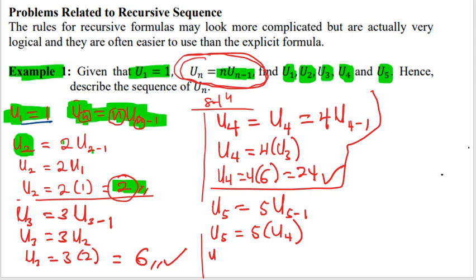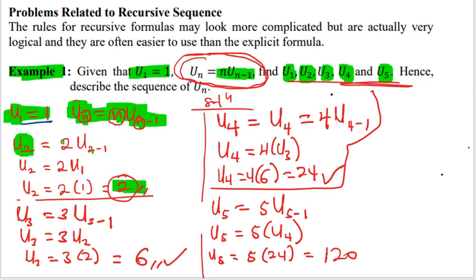So u5 should be equal to 5 times 24, which gives us 120. The question said we should solve it up to u5, so we are done.